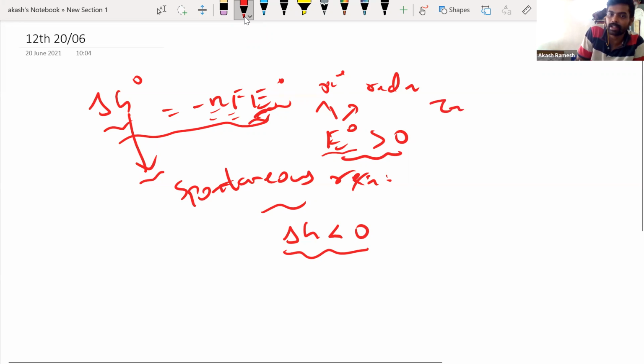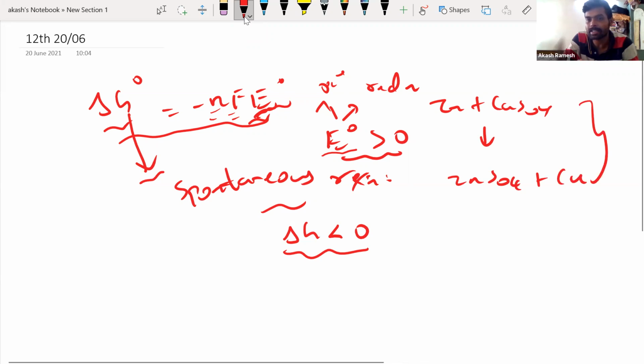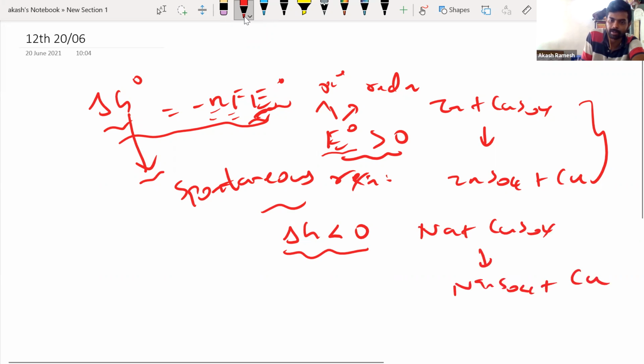Okay, now look at this reaction. Say I have zinc plus copper sulfate becoming zinc sulfate plus copper. First thing, do you think this reaction is spontaneous or not? Maybe if I write sodium reacting with copper sulfate to form sodium sulfate plus copper, is this reaction spontaneous?